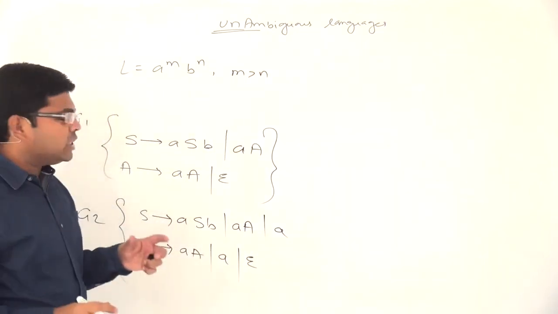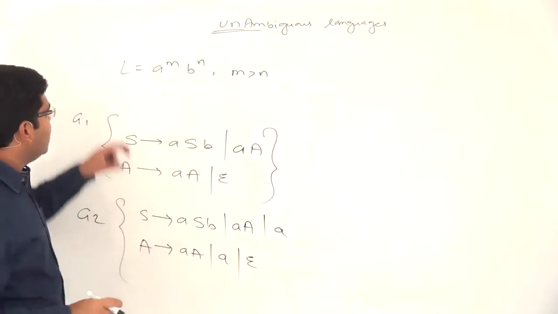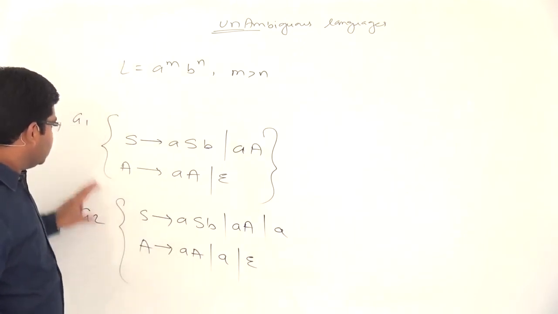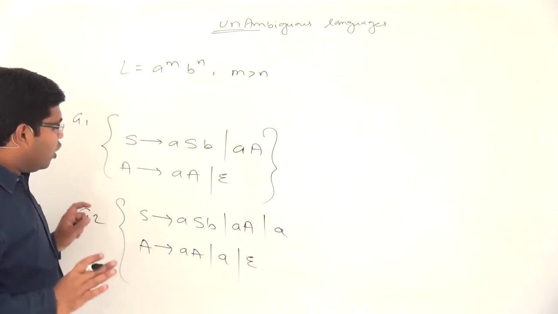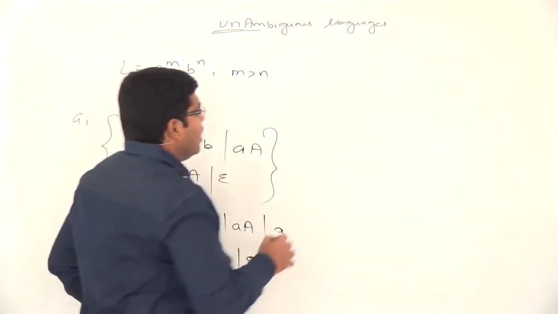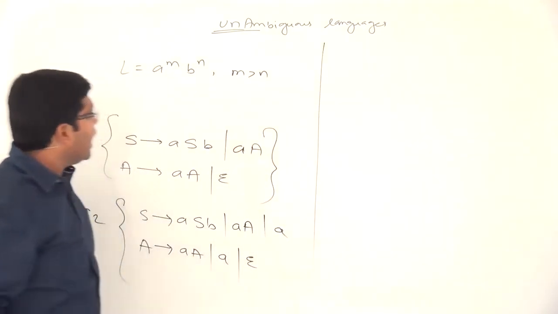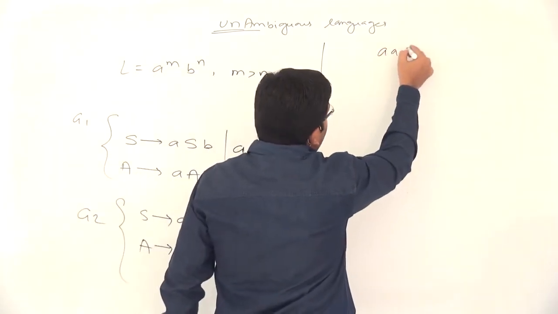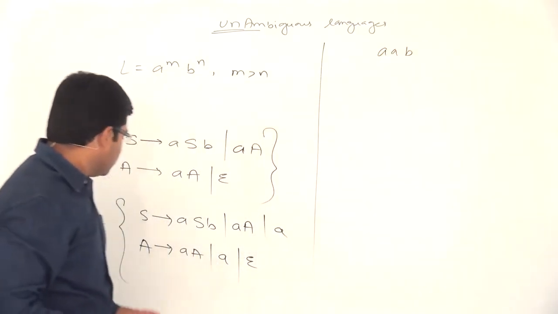So let's convince ourselves that this is an infinite language with two grammars, G1 and G2. Now let's see grammar G2. In grammar G2, we will try to derive a simple string, for example, a square b, and the derivation may go like this.